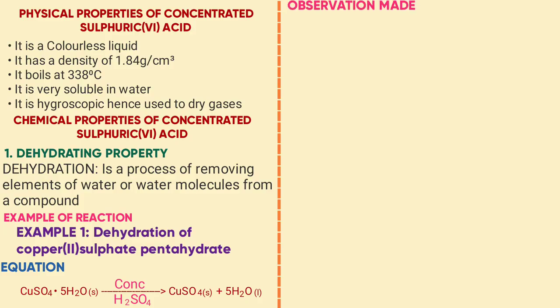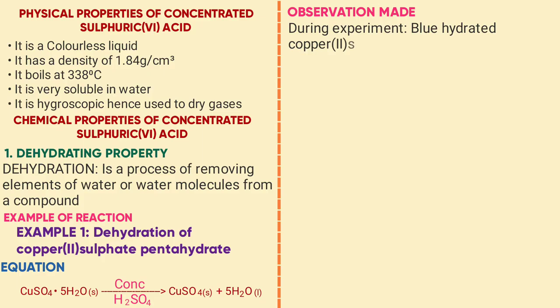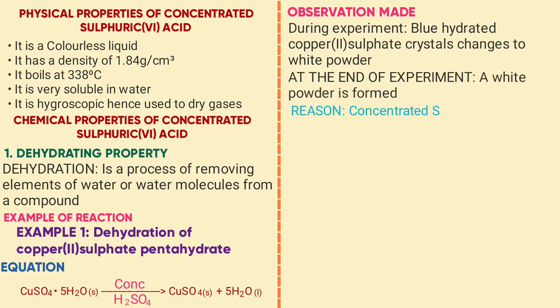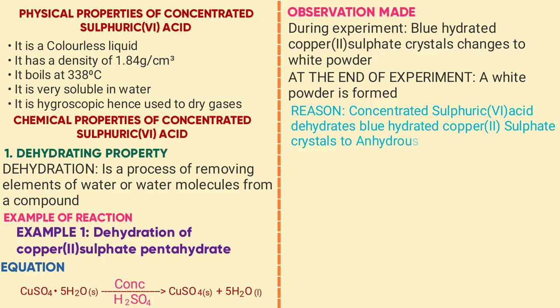Now, observation made during the experiment is blue hydrated copper sulfate crystals change to white powder. At the end of the experiment, a white powder is formed. Reason: concentrated sulfuric acid dehydrates blue hydrated copper sulfate to anhydrous copper sulfate, which is a white powder.